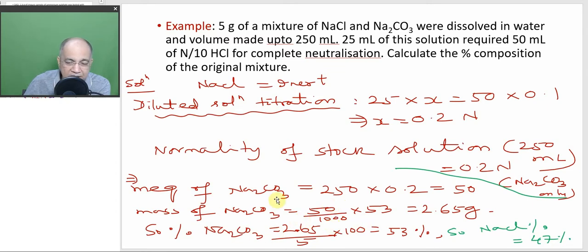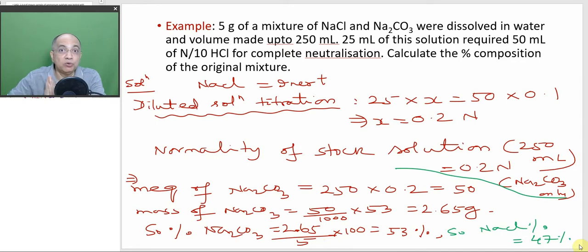Sodium carbonate is 106, the N factor is 2, so 53. So it's coming 2.65. So the percentage of sodium carbonate is 2.65 by the total sample. The impure sample has a mass of 5, into 100, so 53%, and sodium chloride is 5 minus 2.65, that is 2.35, and the percentage is 100 minus 53, that is 47%.